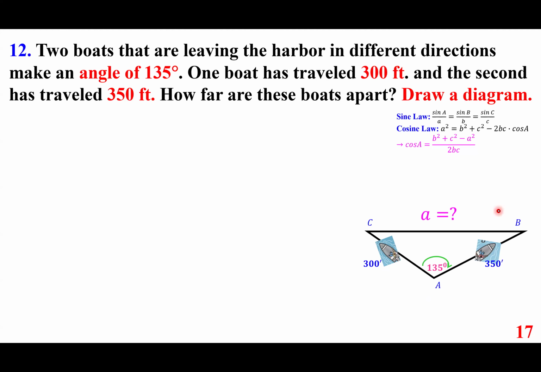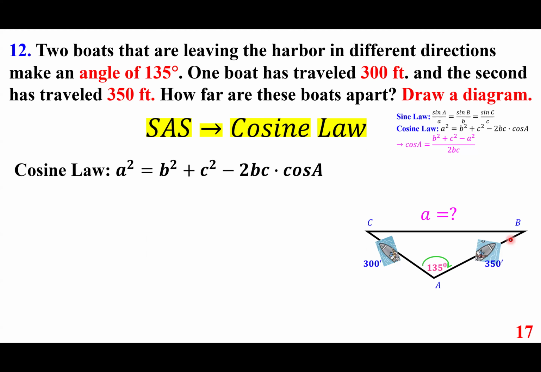And obviously it's side, angle, side, and we're going to use cosine law. A squared equals B squared plus C squared minus 2BC cosine A. So A squared is one side, 300 squared, plus the other side squared, 350 squared, minus 2 times the product of the two, 300 and 350, and cosine of 135.